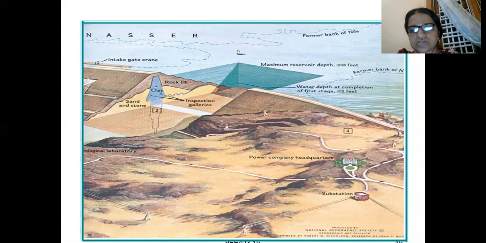Nearer to the reservoir, at the down part of the screen, you have the power company and substation. Like this your hydroelectric power station will be constructed.